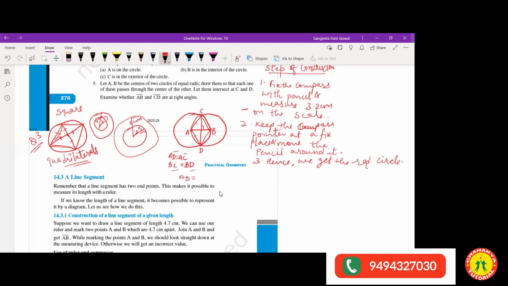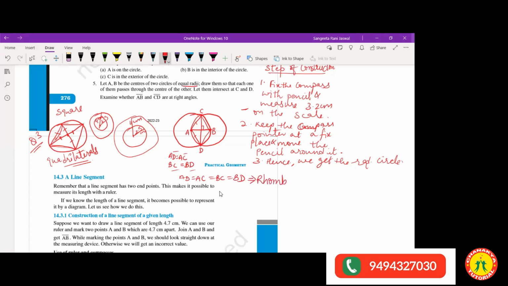AD is equal to AC is equal to BC is equal to BD, because both the circles were made of equal radii. Equal radii was mentioned in the question. So that means all sides are equal in this quadrilateral and the diagonals are perpendicular. That means this figure is a rhombus.